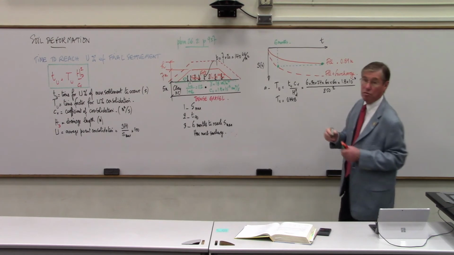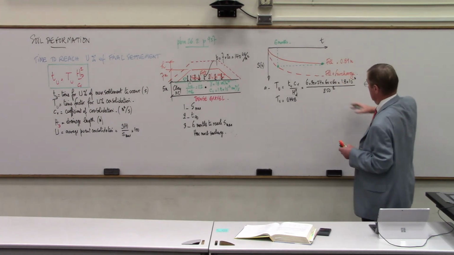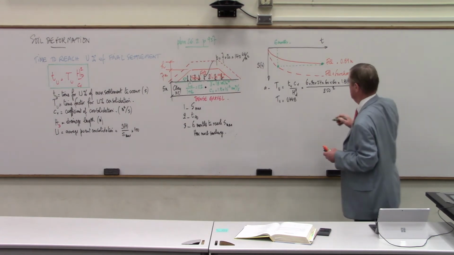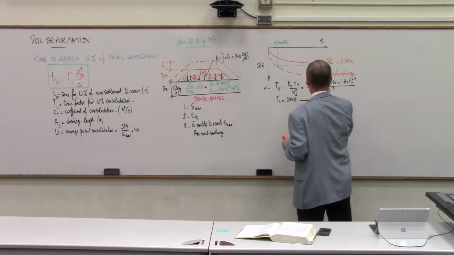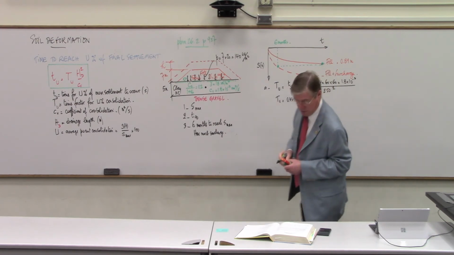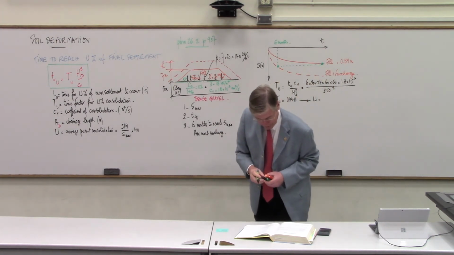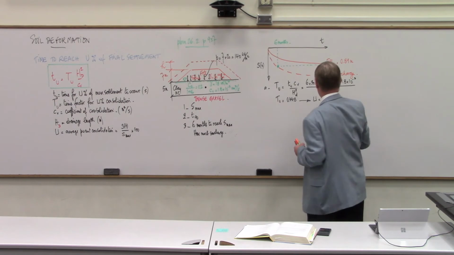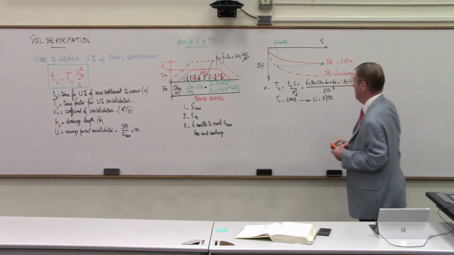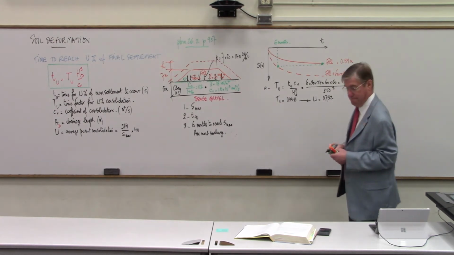Then I can go on the curve that links T sub V and U, and I can read what U has to be corresponding to this 0.448. When I do that, I find U equals 0.732 or 73.2%.